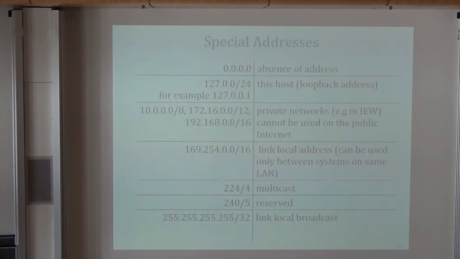Multicast is used in industrial engineering, in industrial computer networking, where it's very useful to be able to send to a machine without knowing which machine it is. And sometimes, perhaps several machines are receiving the data.